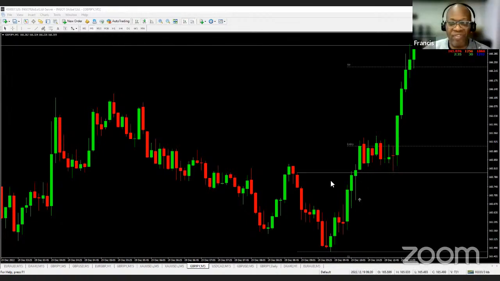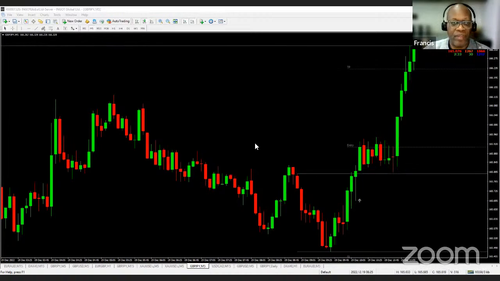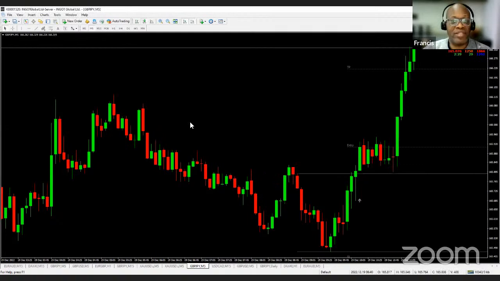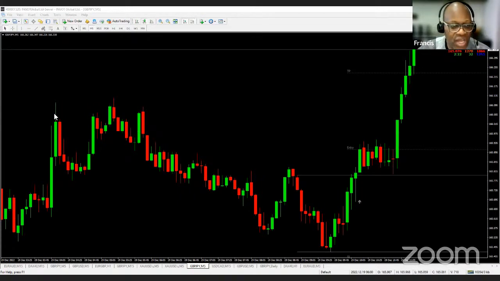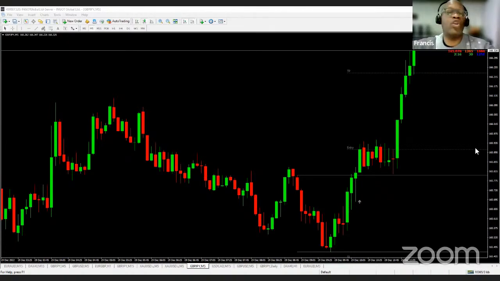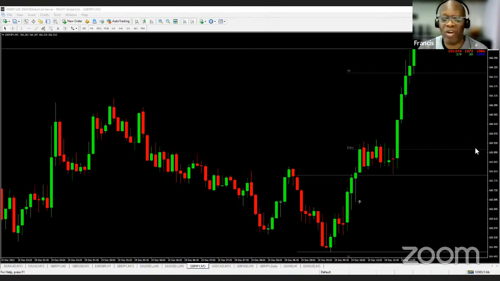Okay, this is the MT4 now. Let me just explain this. So you can see I do have indicators which I intend to share with some of the members. Even if you don't know how to trade, the indicator basically tells you when to enter the market and when to come out.